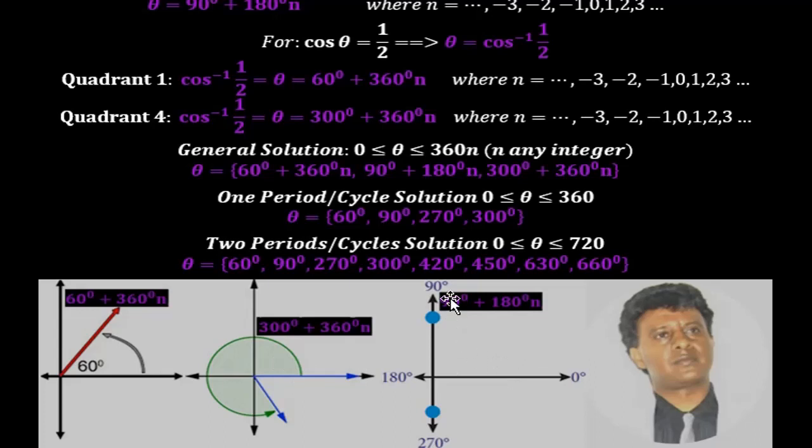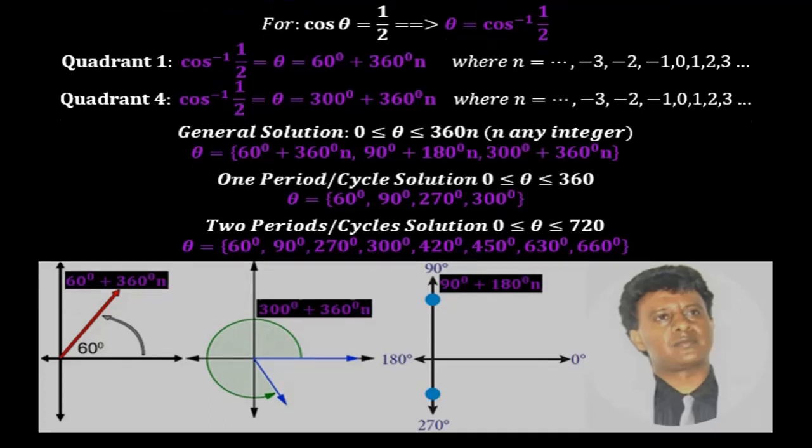Then we have the 90 degrees and the 270 degrees and all their coterminals, and this is written as 90 degrees plus 180 degrees times n. So obviously you can see there are four angles, 1, 2, 3 and 4, and all their coterminals. Their coterminals are infinitely many.